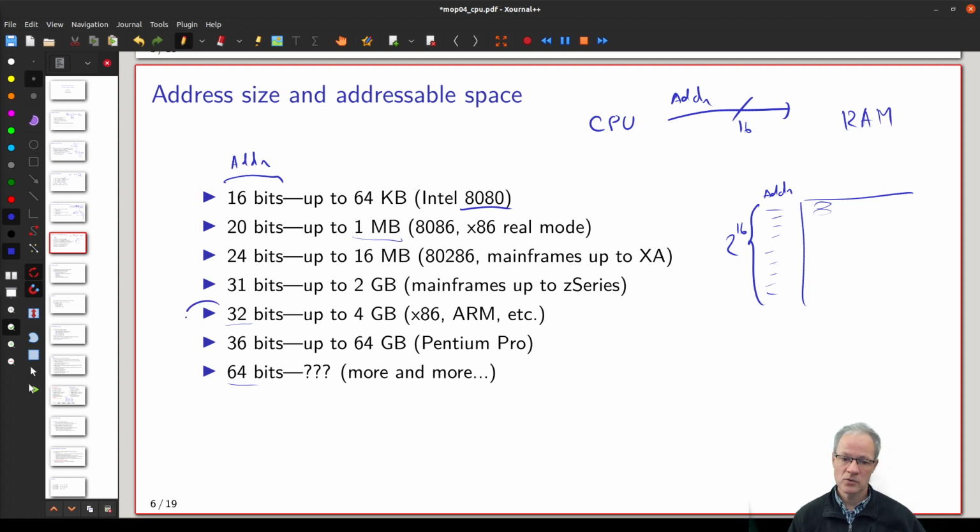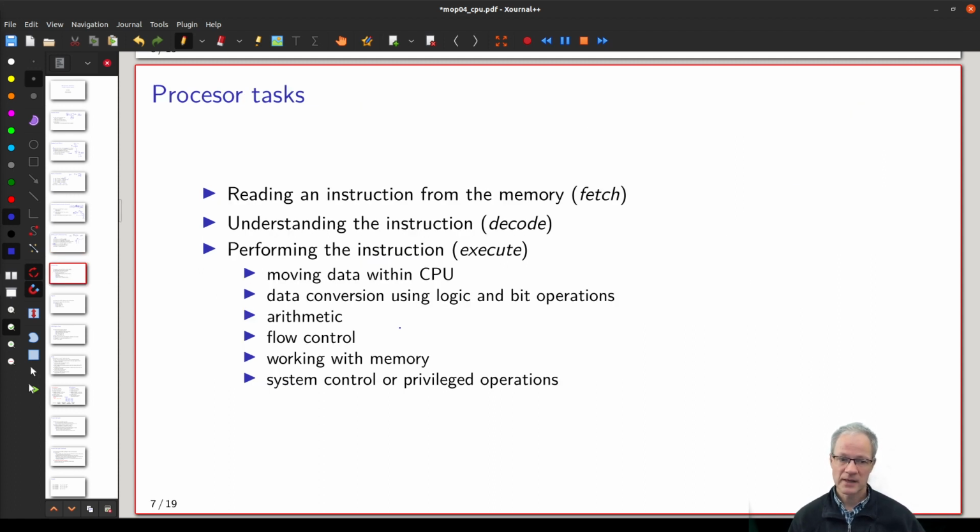We are going to use 32-bit registers and a 32-bit addressable space because we are talking about ARM processors in this course, right? So that's going to be our focus, but we could have different sizes and options as well.